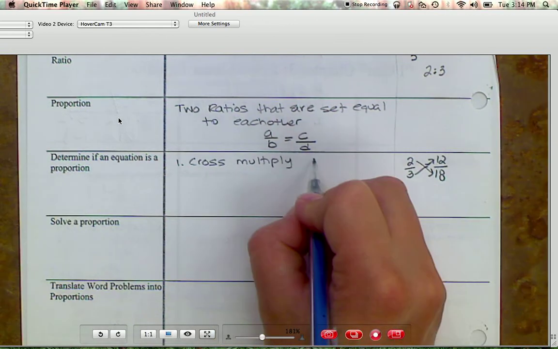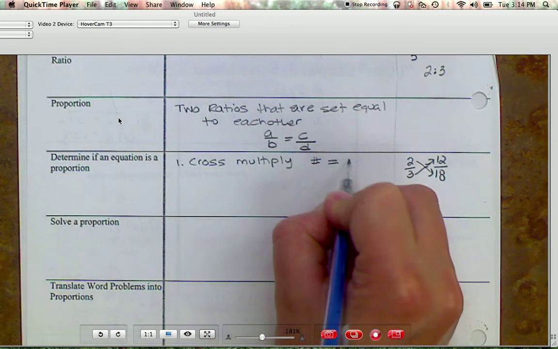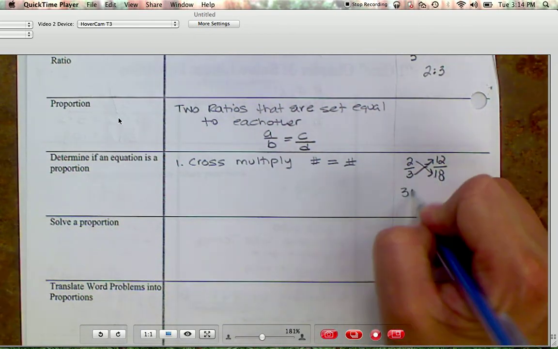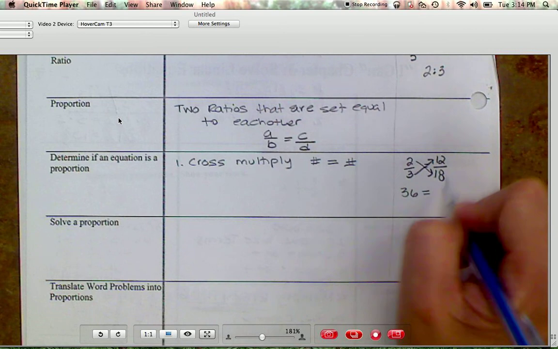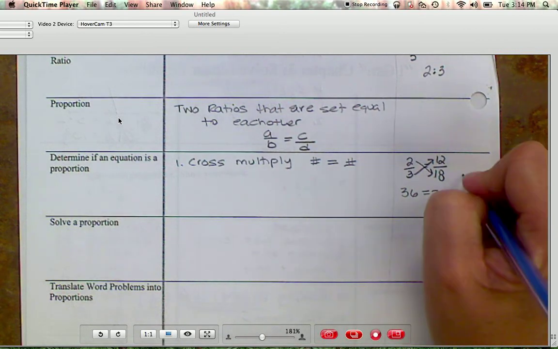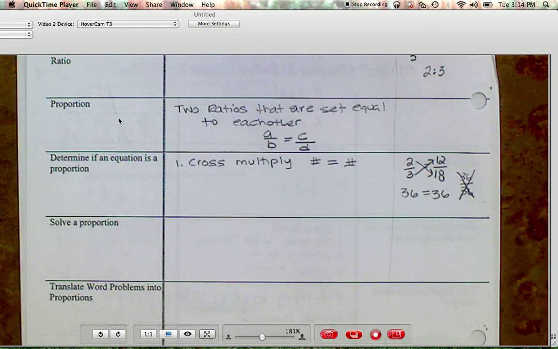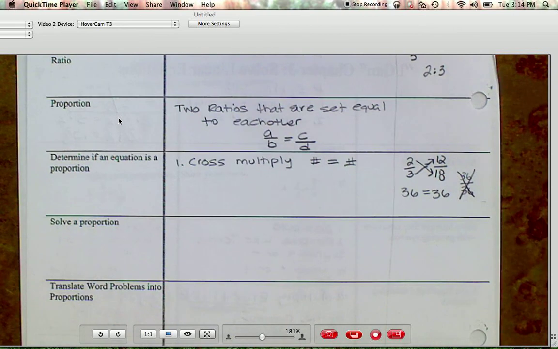So you get a number equal to another number. So we do 2 times 18 is 36, and 3 times 12 is 36. You do not write 36 over 36. This is wrong. When you cross multiply, it's always a number equal to another number.